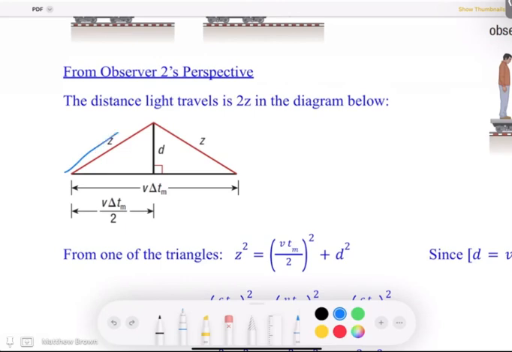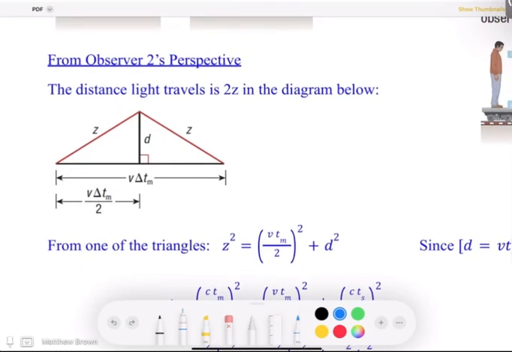It goes up on this angle Z, and then it goes down to the floor the same distance Z. We're assuming, of course, that this speed is constant, that the trolley car is moving. Right, so I've indicated D here, and Z is that distance.